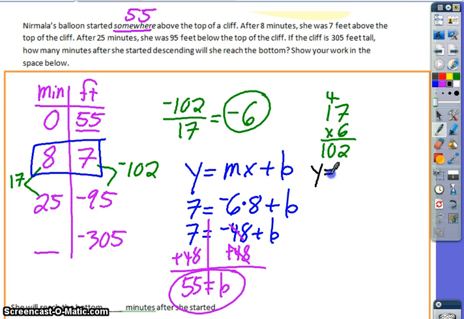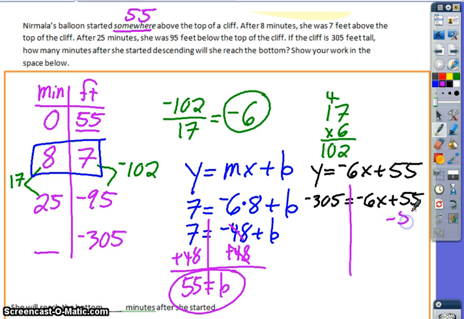So the general form of our equation is y equals negative 6x plus 55. Since negative 305 is a y value, I'm going to put negative 305 in for y. And then I'm going to go ahead and subtract 55 from both sides.